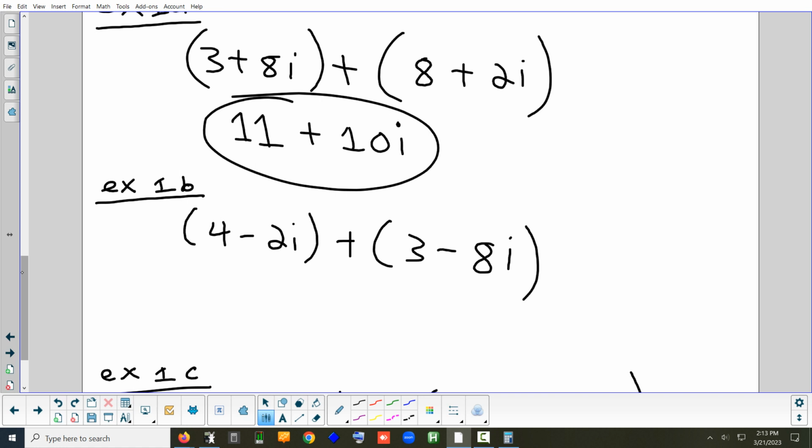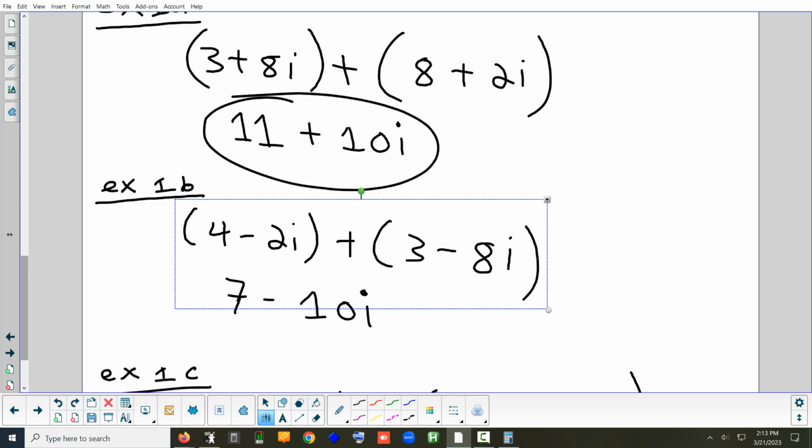So you got 4 and 3, which are going to combine to give me 7. And what about, Jackson, what about the imaginary part? You would combine it to negative 10i. It's a negative 2 added to negative 8. So negative 10i. So that's that one.